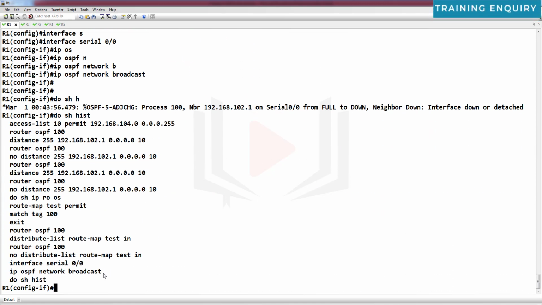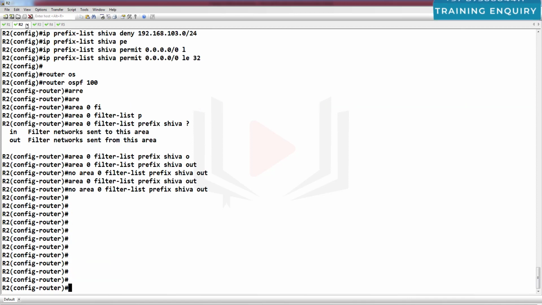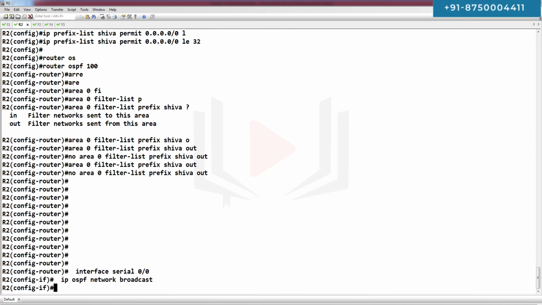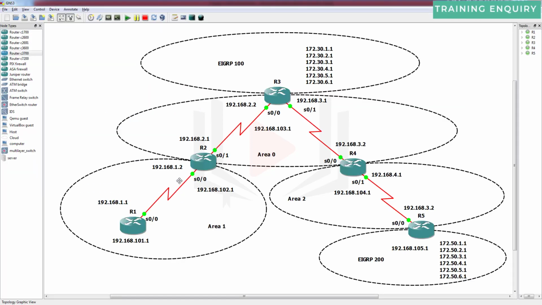Now I'm going to copy this command and do the same on R2. Yes, the network type is now broadcast. Why have I configured this?